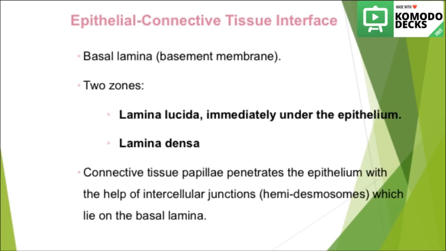Now, how the epithelium is connected to the connective tissue or the lamina propria. We have the basal lamina or the basement membrane, which consists of two zones, the lamina lucida and the lamina densa. The connective tissue papillae penetrate the epithelium with the help of also intracellular junctions.